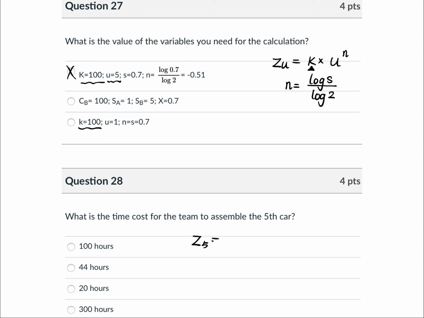And now it's time to calculate. So Z_U with U equals 5, so Z_5, the time cost for building the fifth car, is K, which is 100, times U, which is 5, to the power of N, which equals log S, 0.7, over log 2.